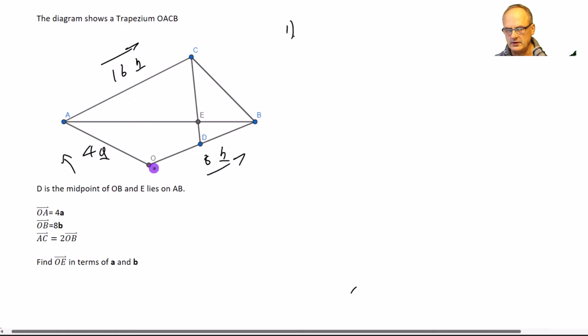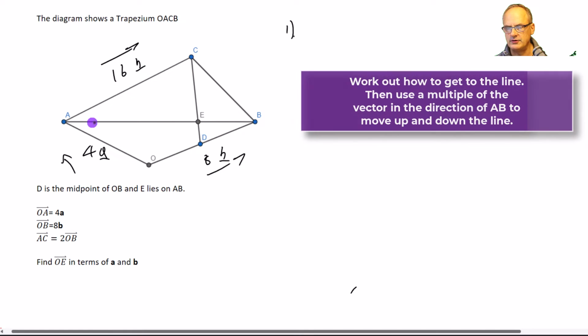So therefore, for the line AB, we've got to get to that line using OA, and then we're going to use a multiple of AB moving along this line, because then it'll be along this line. If you remember the videos we did on multiples of vectors being parallel and how to find things that are on the same line, we need a multiple of the vector AB.